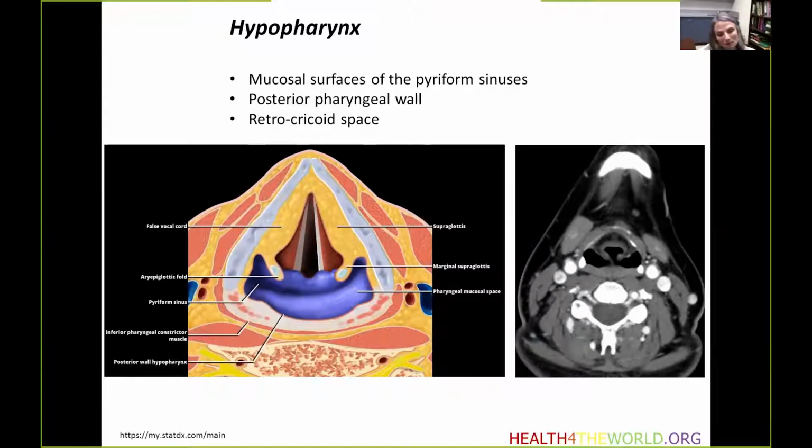On the axial contrast-enhanced CT, we can appreciate the air-filled piriform sinuses, and also the posterior hypopharyngeal wall.